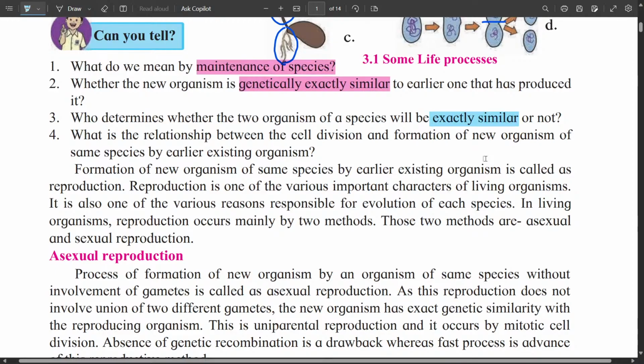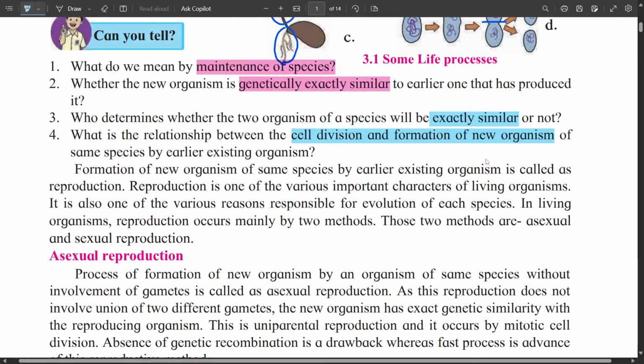What is the relationship between cell division and formation of new organism? Cell division is a very important process in reproduction. In case of asexual reproduction, cell division is the main process, whereas in case of sexual reproduction, meiosis and fertilization are important. So without cell division, reproduction cannot occur.